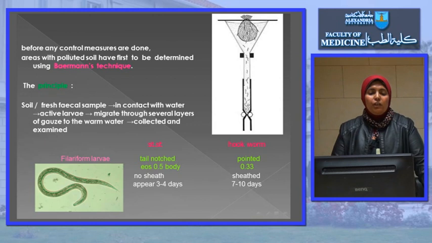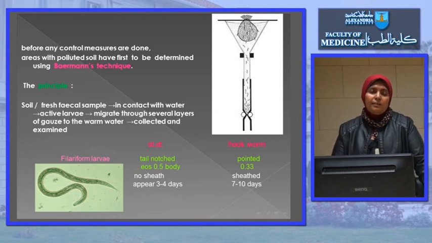Filariform larvae of Strongyloides stercoralis are produced after only 3 to 4 days. They have no sheath and their tails are notched, and the esophagus occupies half the body, whereas the filariform larvae of hookworms need a prolonged time, and on the contrary, they are sheathed, with pointed ends, and their esophagus is much shorter.